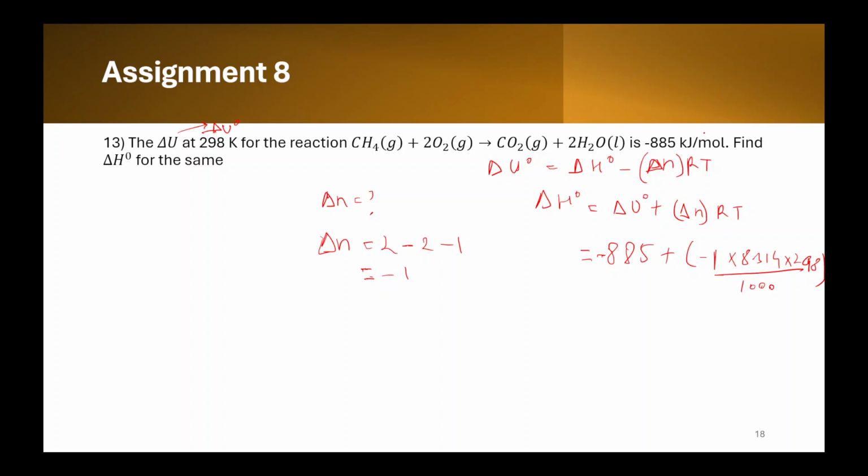Okay. So this comes out to be minus 889.95 kilojoule per mole.